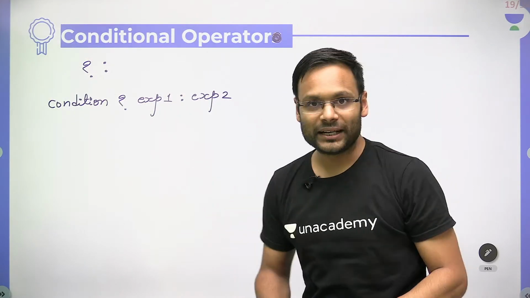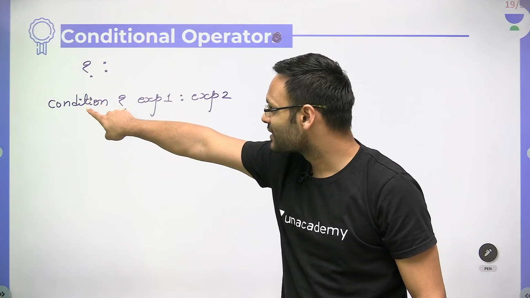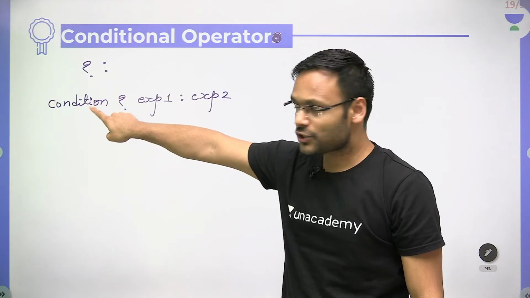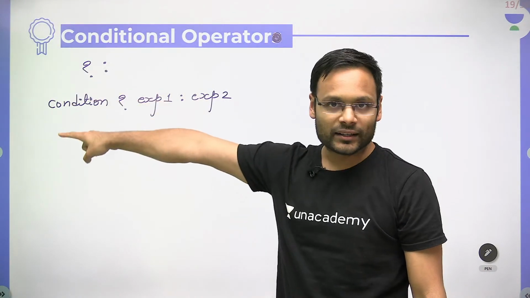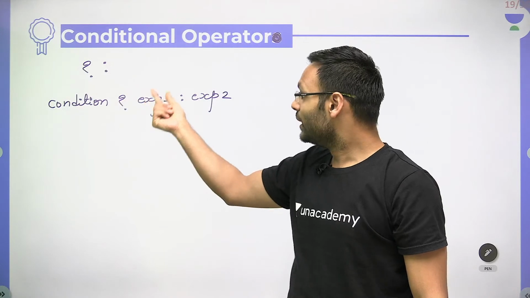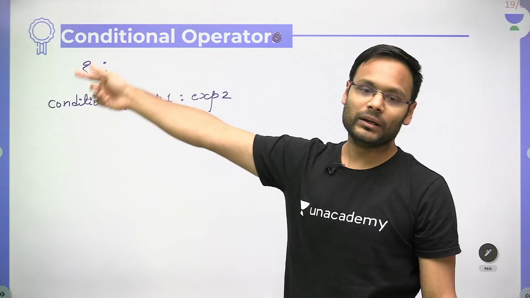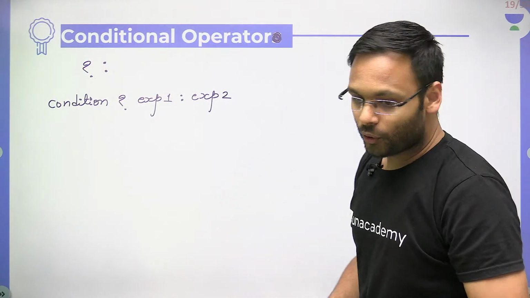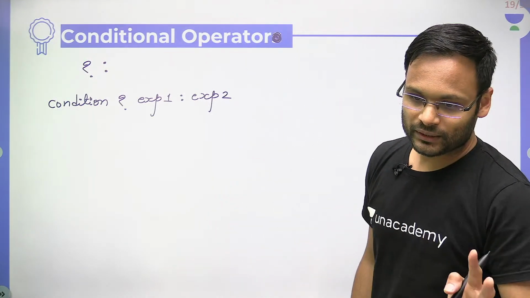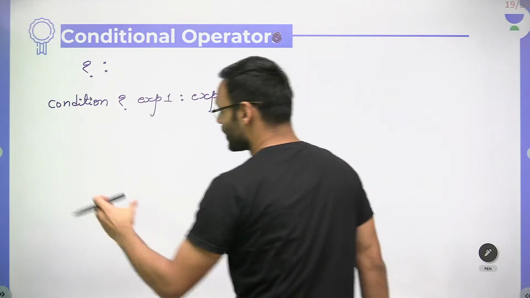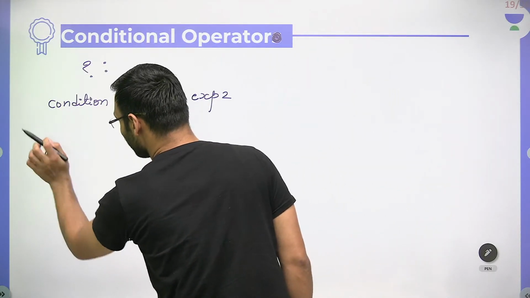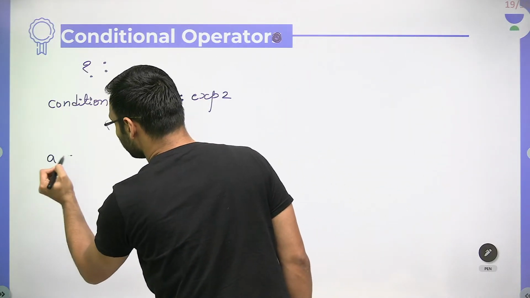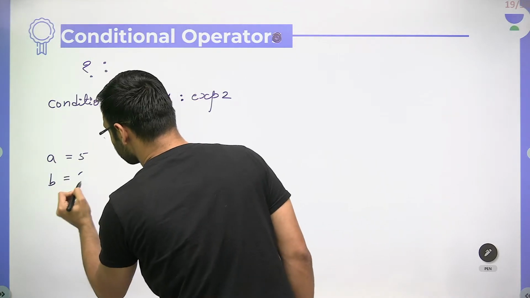And how to interpret this? We will first read the condition. If this condition is true, expression 1 will be returned as the return value. If not, then expression 2 will be returned. Now listen, it's very, very simple. Let's say I have some values of A and B. Let's say A is 5, B is 6.